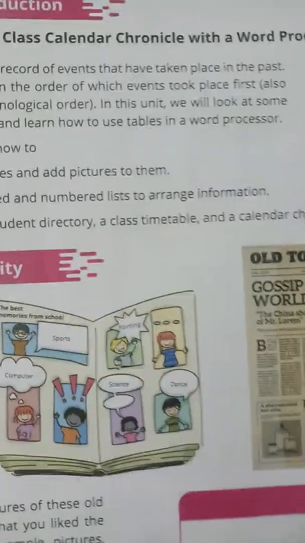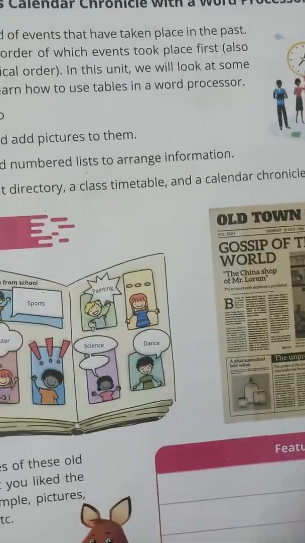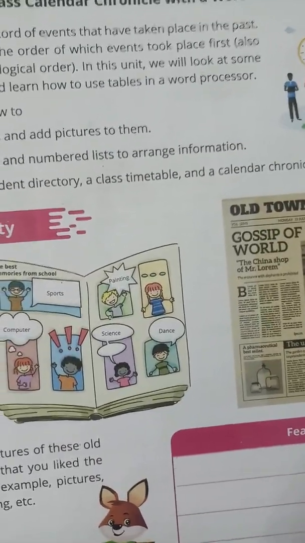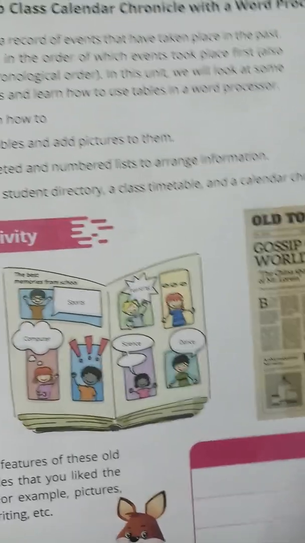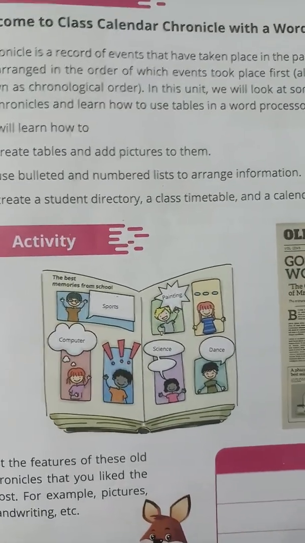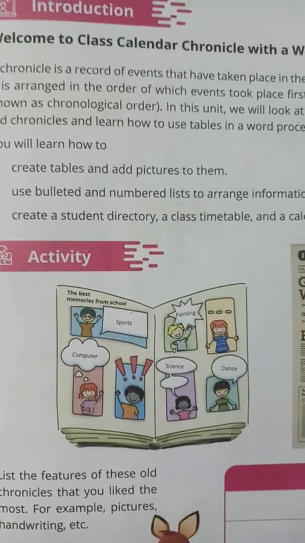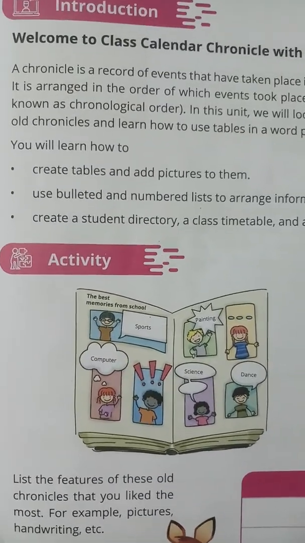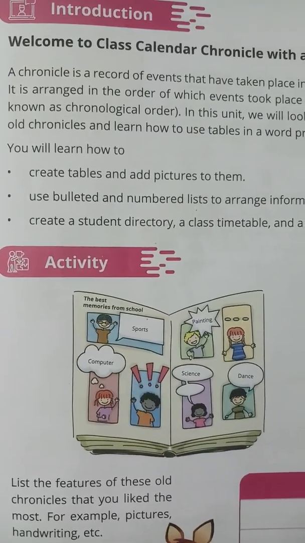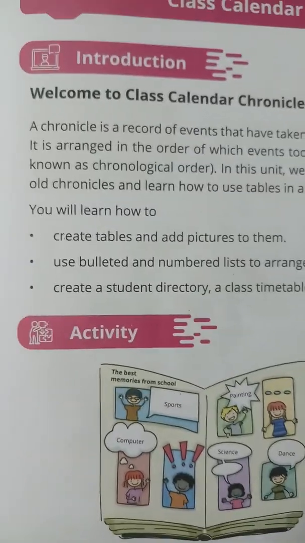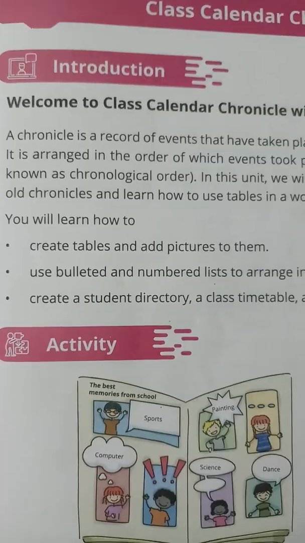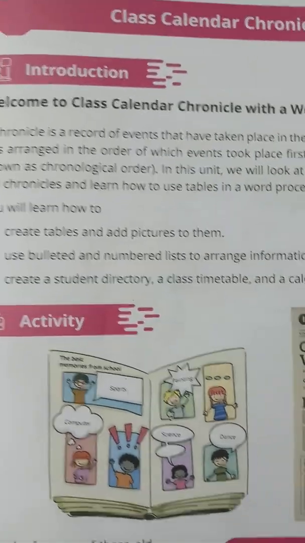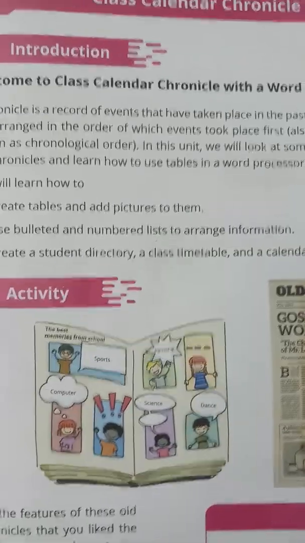So first, what is a chronicle? It's a record, but in that record we need to write in a detailed way. A chronicle is a record of events that have taken place in the past.